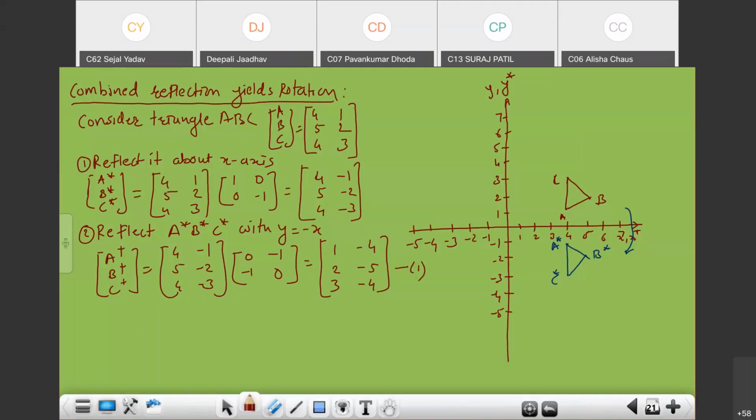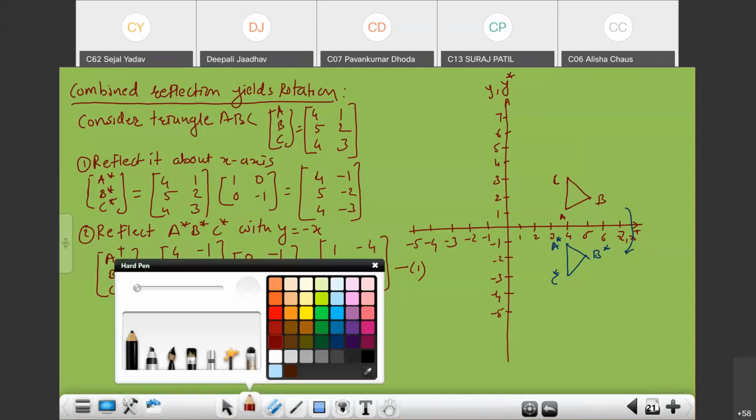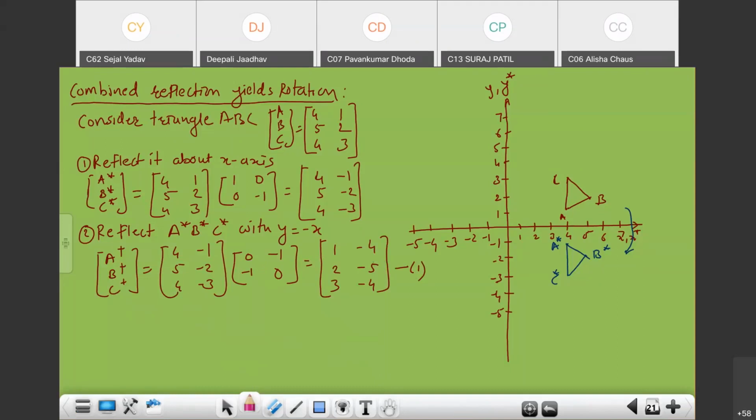Now, these 2 reflections we have done. I am going to draw the triangle here. 1, minus 4. It is A plus. Then 2, minus 5. B plus. And 3, minus 4.